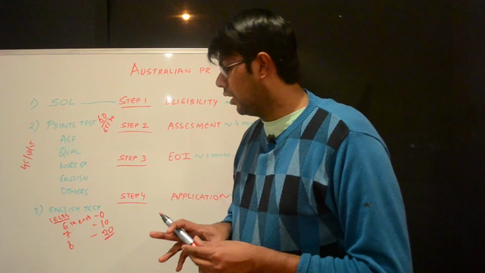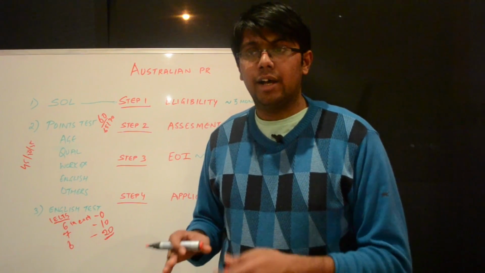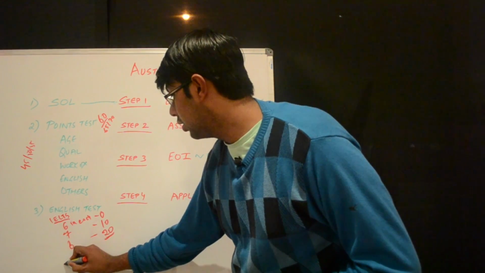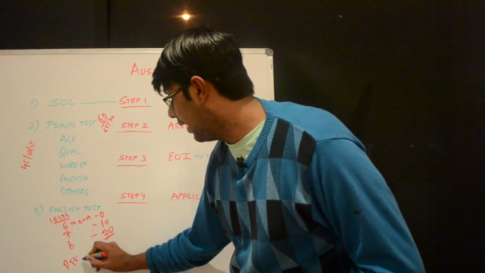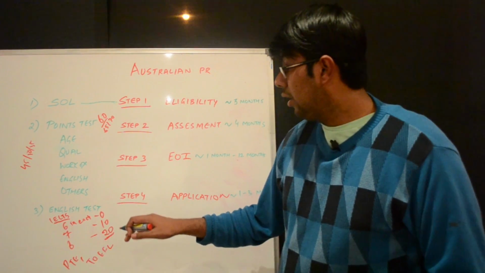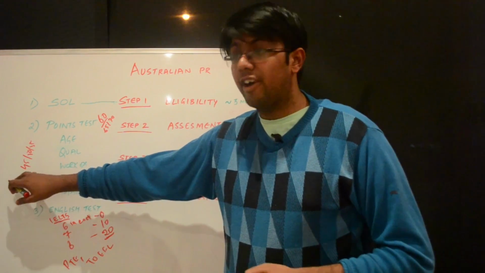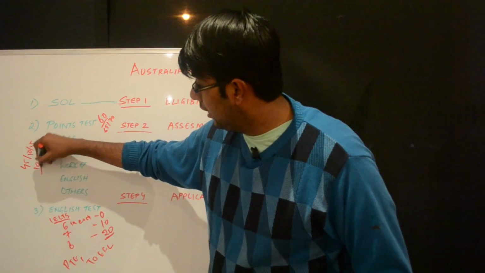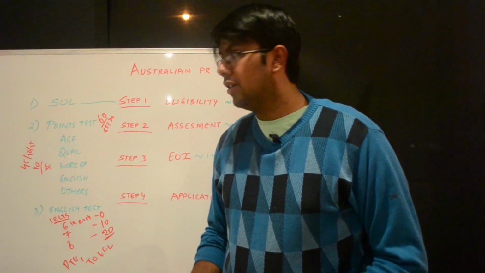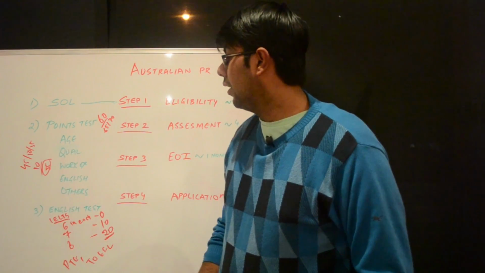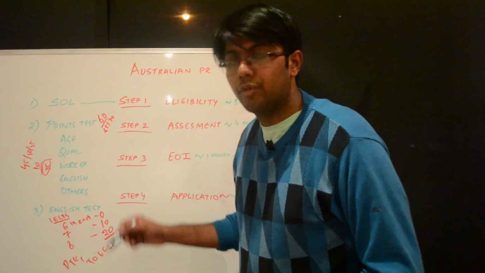There's a separate link for the English test equivalence, where you will be able to check scores for PTE and TOEFL. So suppose you had 45 points without the IELTS test, and if you score 7 in each, your points will be 55 altogether. The minimum required is 60, so you will not be eligible for the PR.